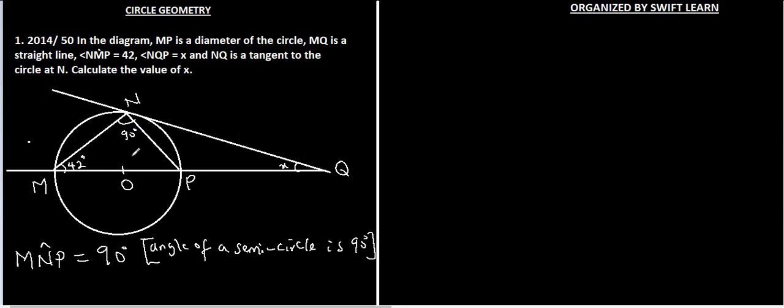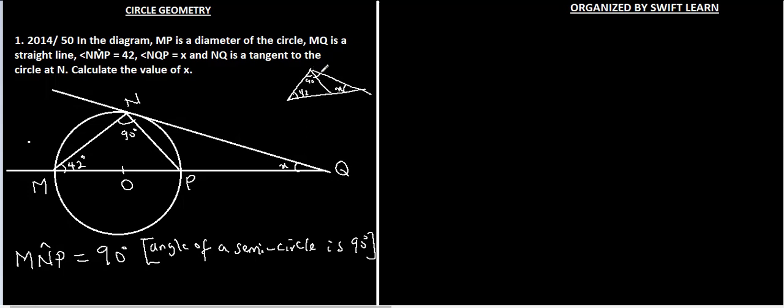So that shows that here is 90 degrees. You might be wondering, how will all this help us in getting our value of X? To get our value of X, you can draw this out. If I draw this out, here is X, here is 42 degrees. Part of this is 90 degrees.